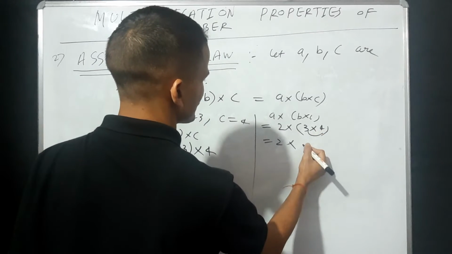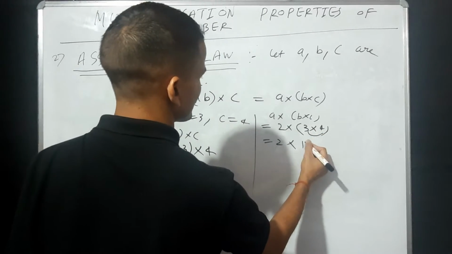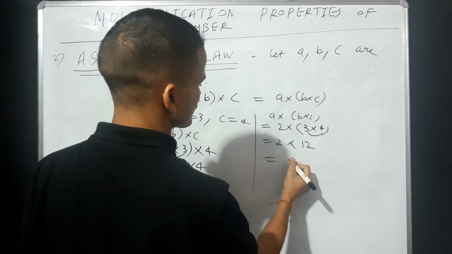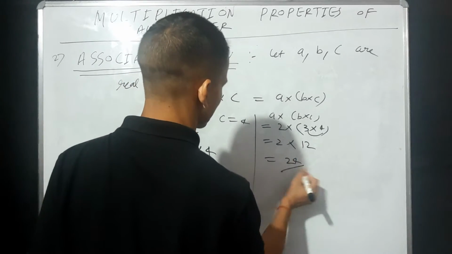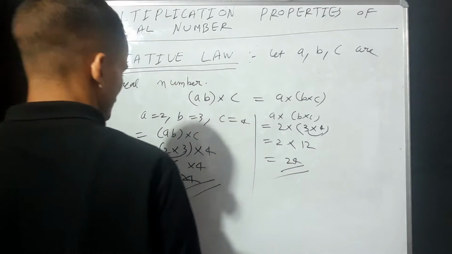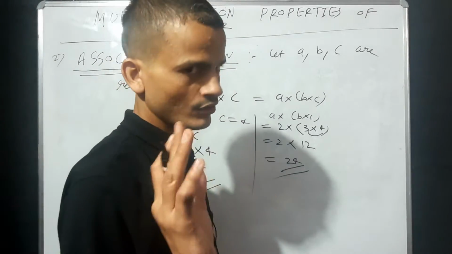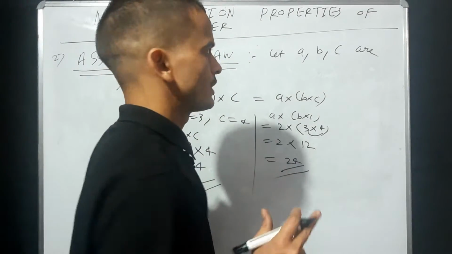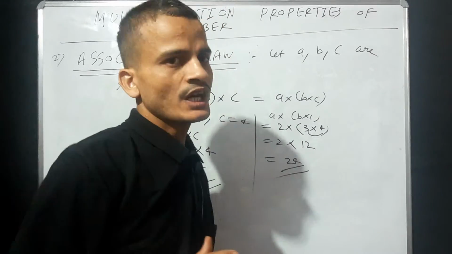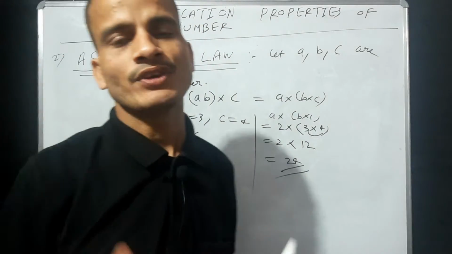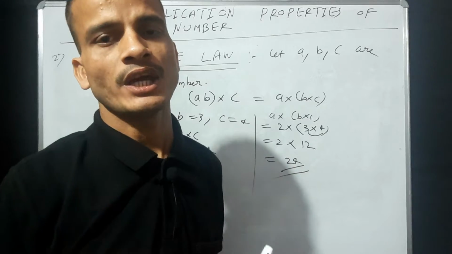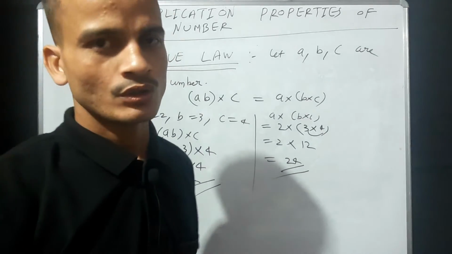When we multiply 3 into 4, we get 12, and 2 multiplied by 12 is equal to 24. Okay. So there is no effect on the result of multiplication of three real numbers. So we can say that the multiplication of real numbers follows the associative law.